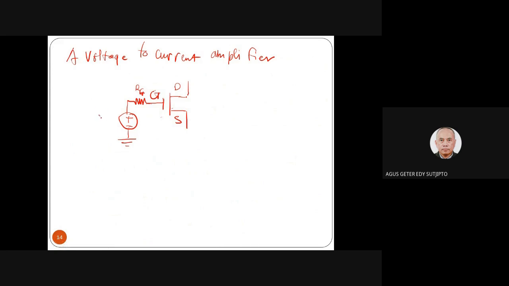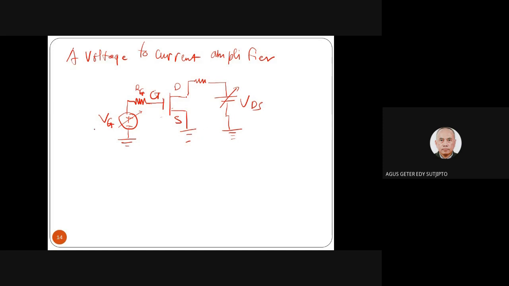So this is VG. We apply a positive voltage at G, and the D here is the drain, the high potential, and then we have a VDS here. Of course, this is variable. This is also variable, and this we ground, this also we ground.